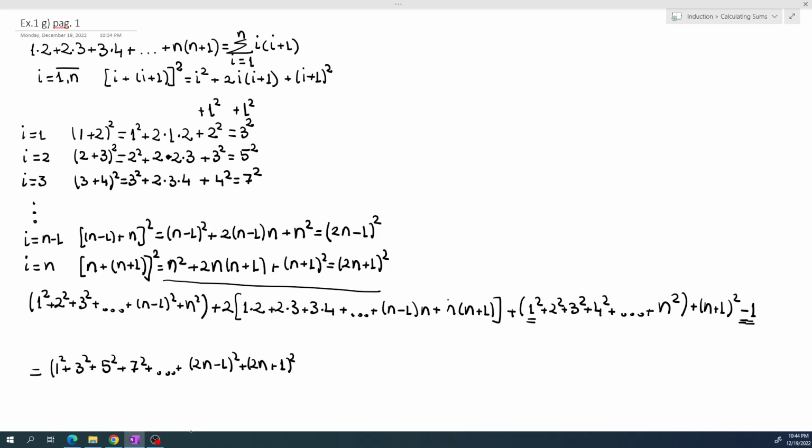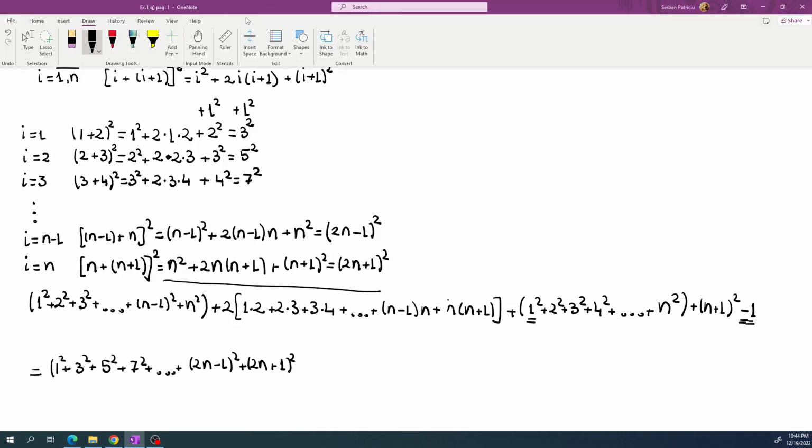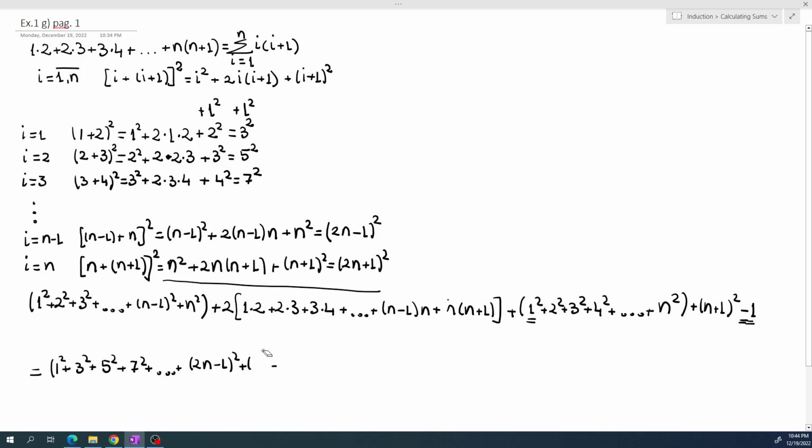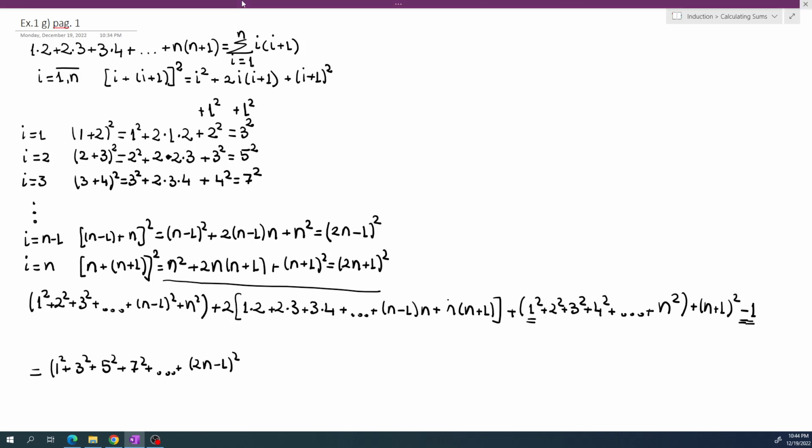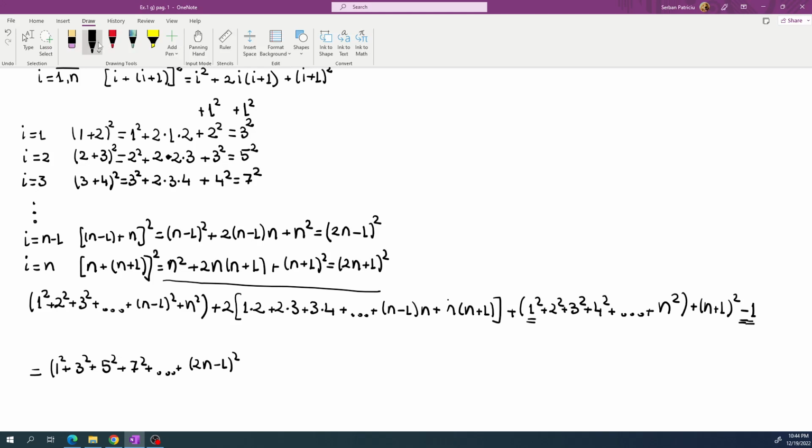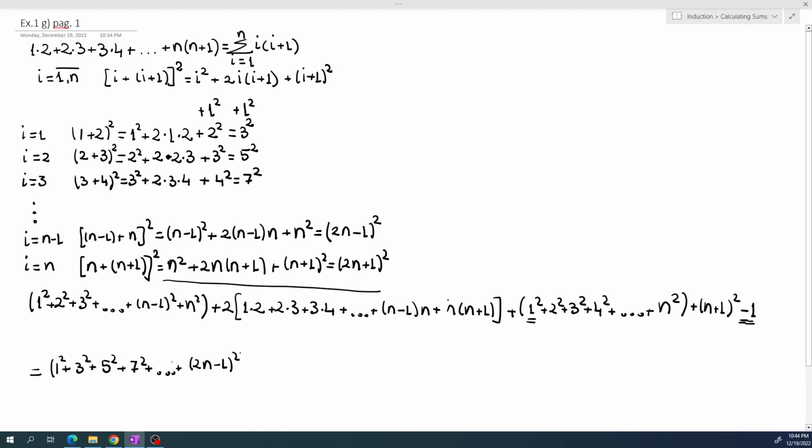Sorry, I will have to delete it again. So this one, I'll keep it like this, and so it will be like this, plus 2n plus 1 squared minus 1.